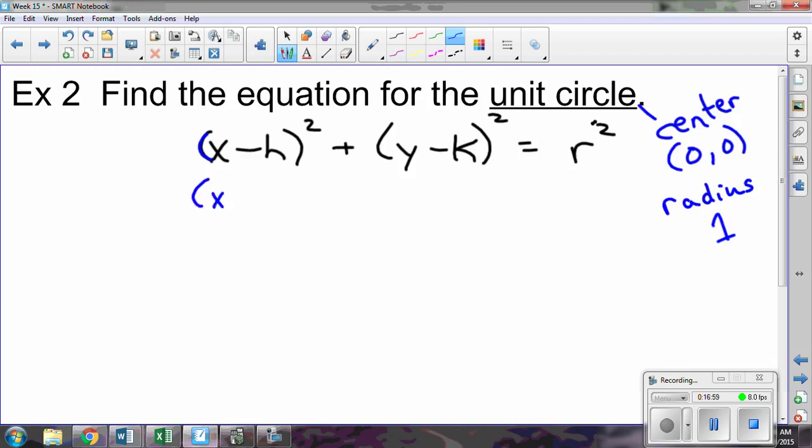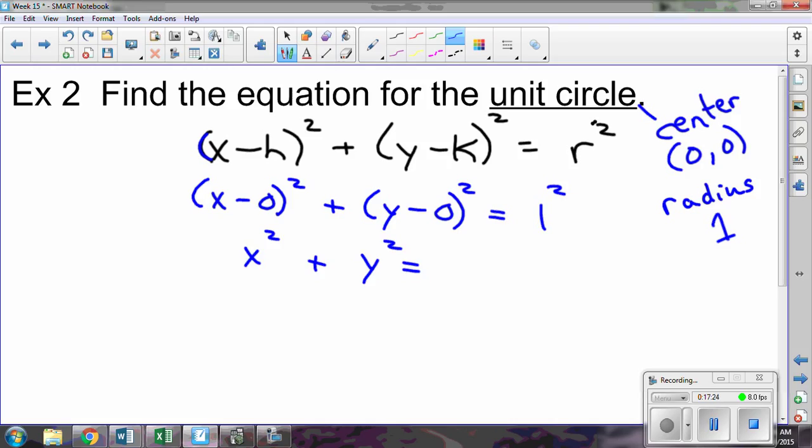The center has an x-coordinate of 0. It has a y-coordinate of 0, which gives us the h and the k. The radius is 1. Now simplify it. x minus 0, x squared.